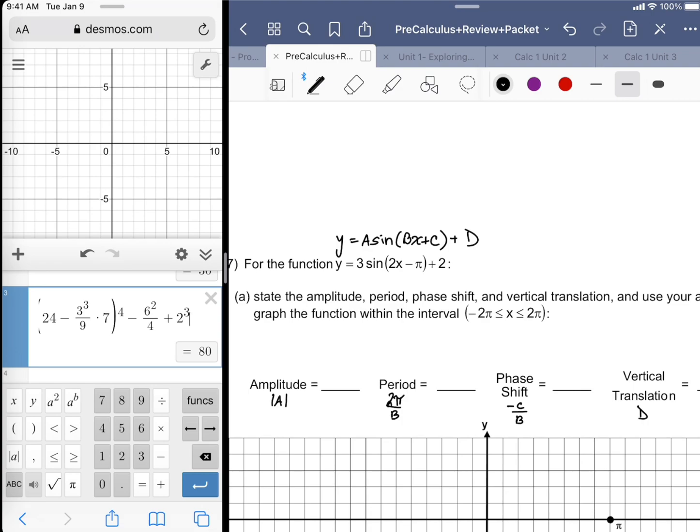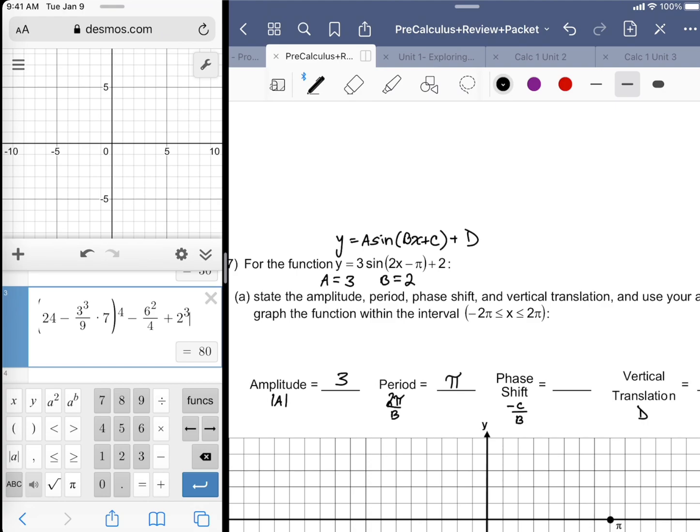All right. So looking at our equation here, we can pull out the a, b, c, and d values. The a value is 3. The absolute value of a positive number is just that positive number, so just 3. The period is going to be determined by first finding the b value. The b value is the coefficient of x, which is 2. So 2 pi divided by 2 is going to be pi.